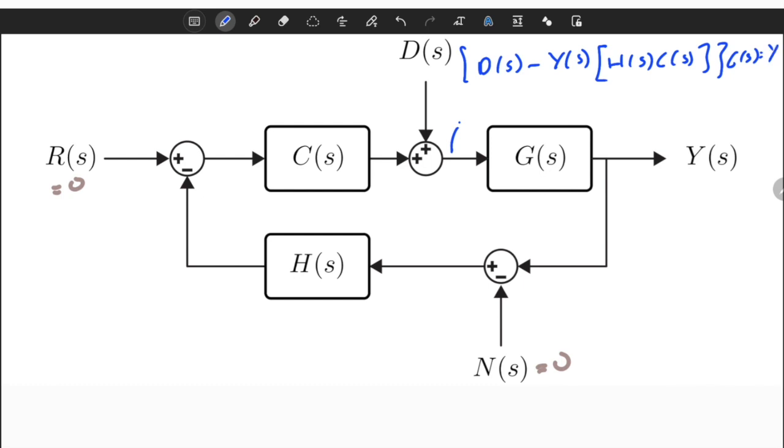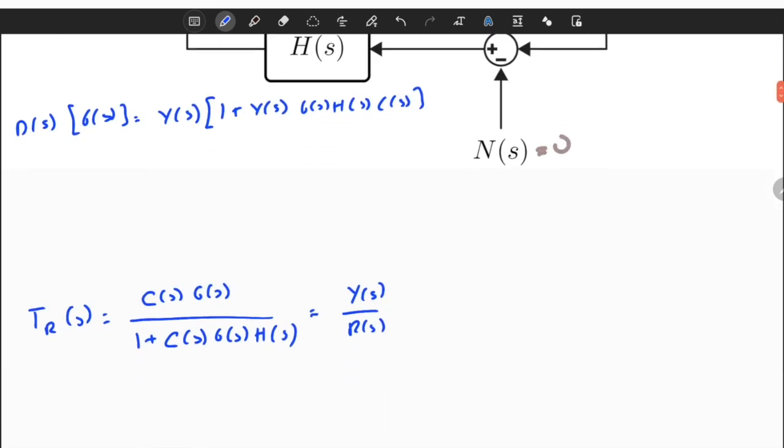It's very simple. If I group it, D of S multiplied by G of S is equal to Y of S times 1 plus G of S, H of S, and C of S. So if I obtain Y, it's equal to G divided by this.